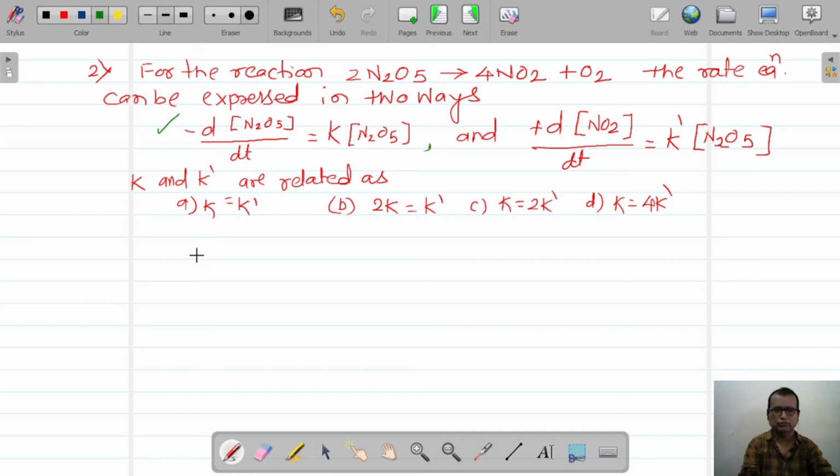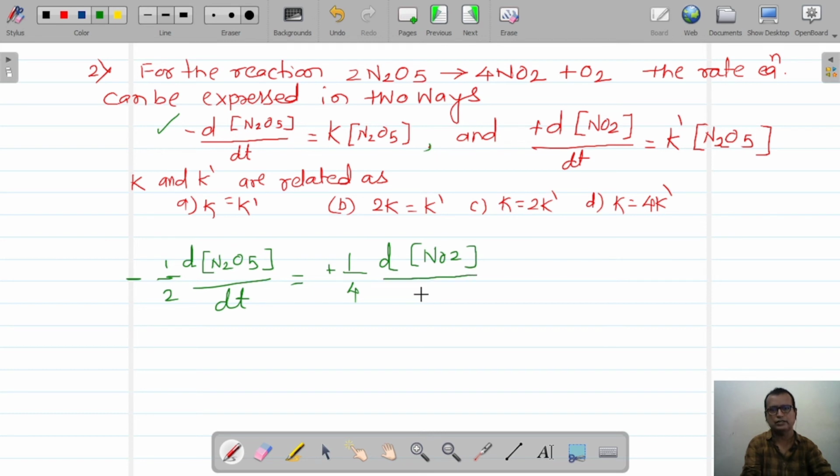We will write this as decrease in the concentration of N2O5, d by dt of N2O5, is minus 1 by 2, equal to increase in the concentration of NO2, 1 by 4, because the concentration of product increases.